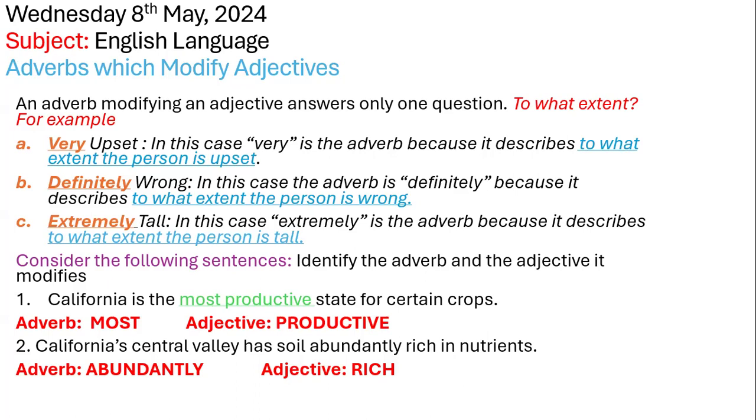Okay, so Kyle. Where's Kyle? Read the second sentence. California's Central Valley has soil abundantly rich in nutrients.